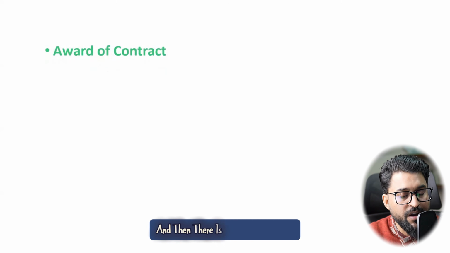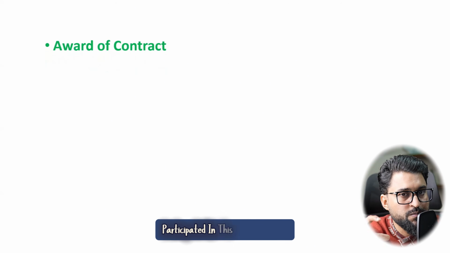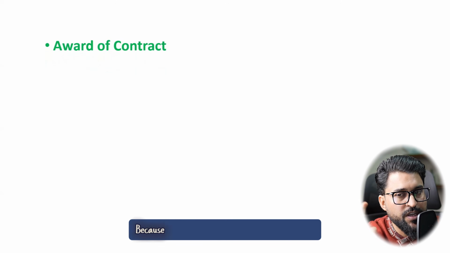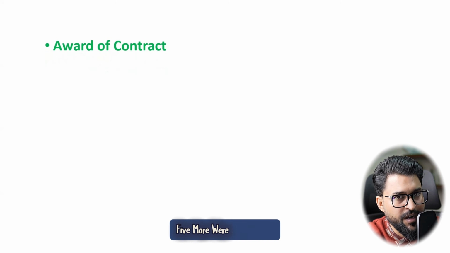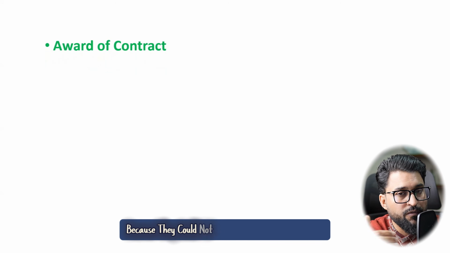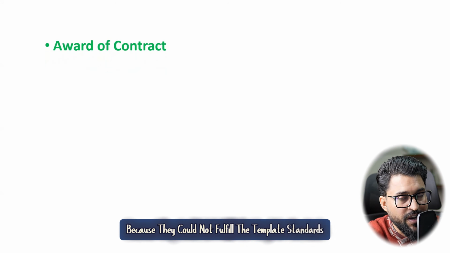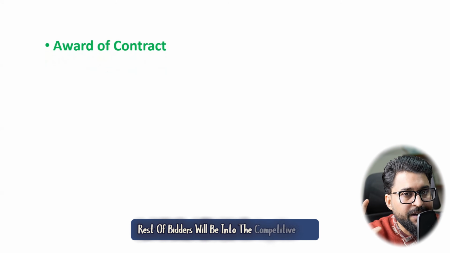And then there is award of contract. Say 20 contractors have participated in this bid. 3 were rejected because they could not submit the bid on time. 5 more were outlined because of rejections, because they could not fulfill the template standards. And now the rest of the bidders will be in the competitive pool.